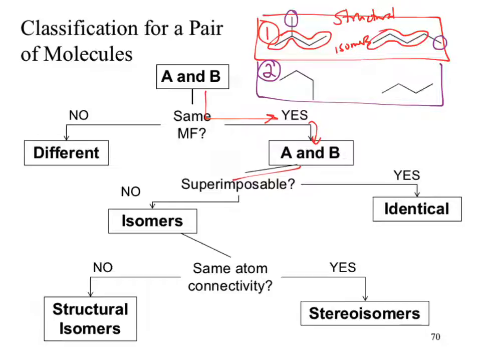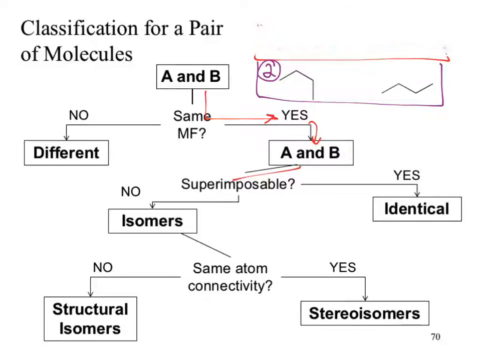Okay. Number 2. They are identical. So we would follow through our flowchart the same way. A and B, do they have the same molecular formula? Yes, they do. We would then encounter this question, superimposable.